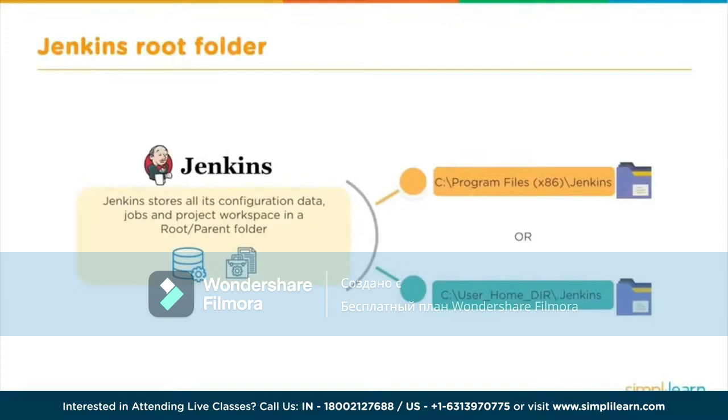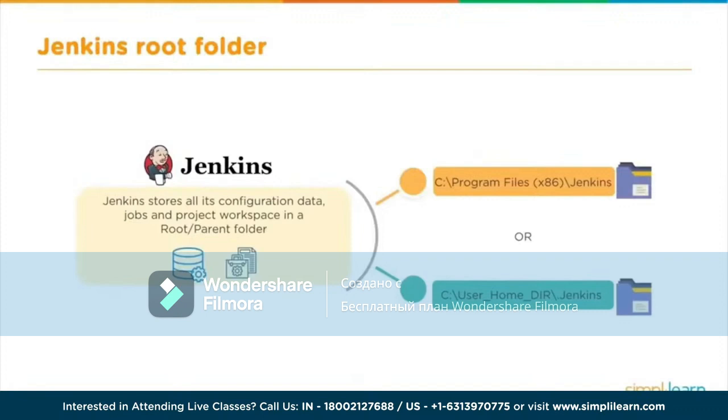If you run a WAR file, depending upon the user ID with which you're running it, a .jenkins folder gets created inside the user home directory. So in case you want to back up your Jenkins or you want Jenkins installations to go into some specific directories, go ahead and set this Jenkins Home variable accordingly before you even begin your installation. For now, I don't need to do any of these things, so I've already downloaded the installer.